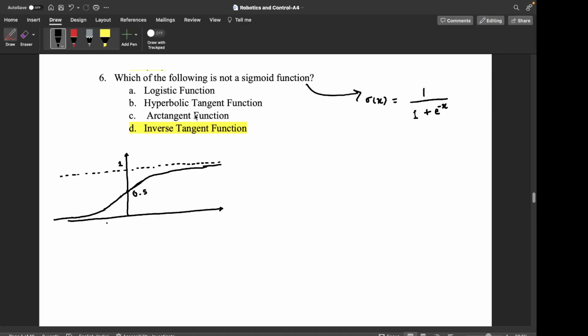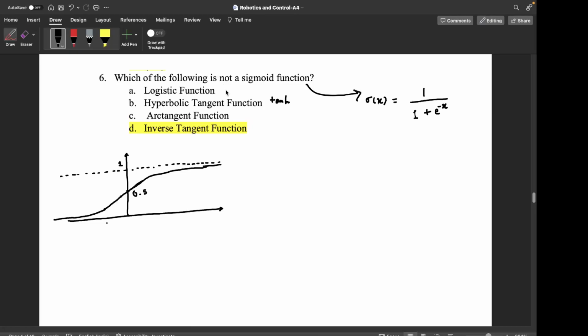The logistic function is also of a similar nature. You can search these functions, or if you know the function formula, you can plot them and see. Options C and D are, I think, the same, because arctangent is also tan inverse.